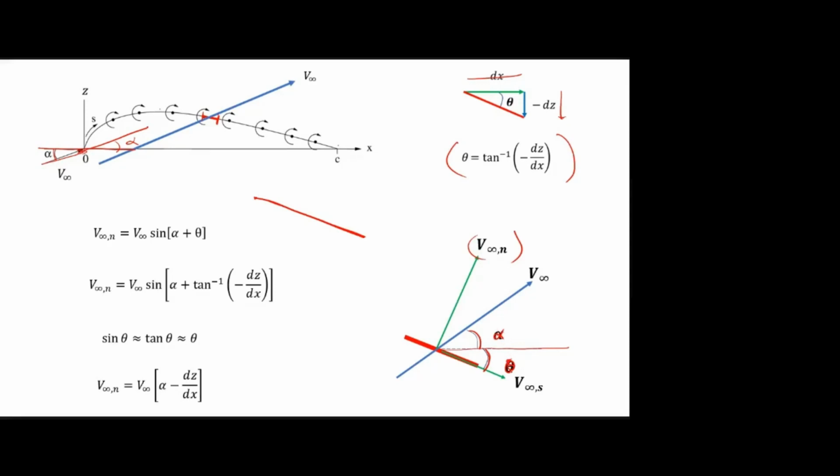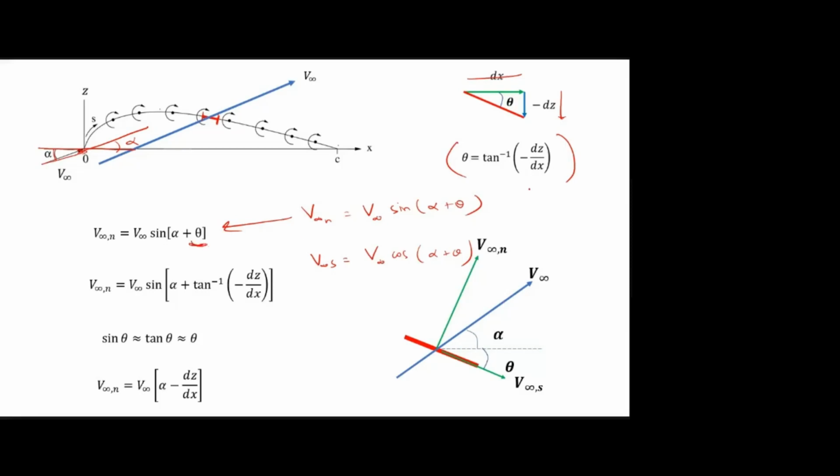Is it clear? This theta and alpha. Yes. Now we can simply resolve. V infinity n is V infinity sine alpha plus theta. If you want V infinity s, it will be V infinity cos alpha plus theta. But here we need only V infinity n, which is V infinity sine alpha plus theta.